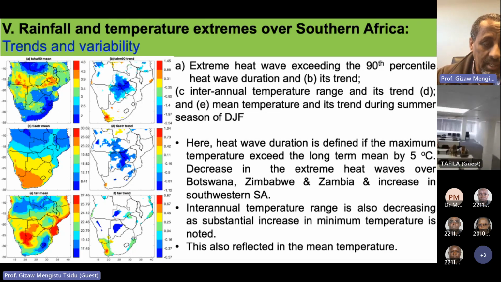That's what it means when you see this kind of temperature range. In the middle, you see yellow color. That temperature range is between 20 to 23 degrees centigrade. So much of Botswana, much of the northern half of Namibia, and northeastern half of South Africa is under this category.